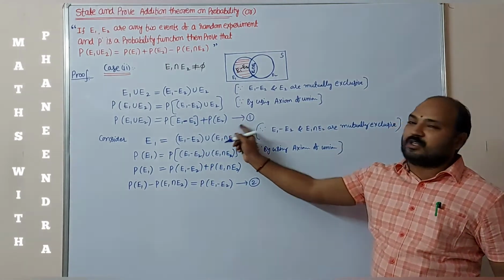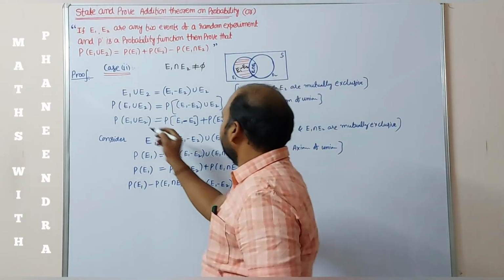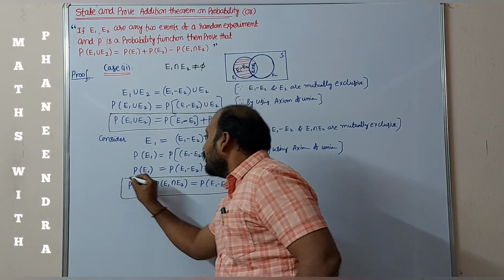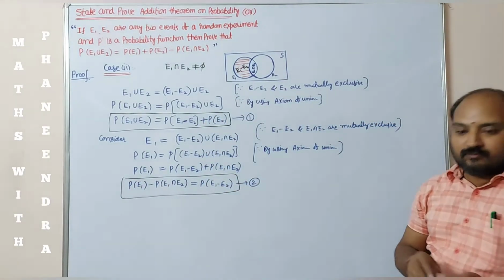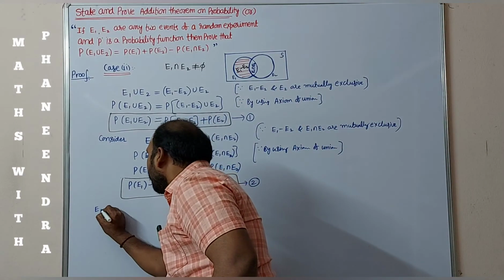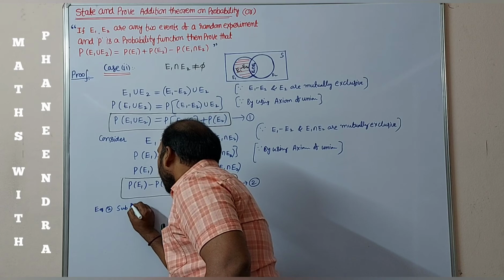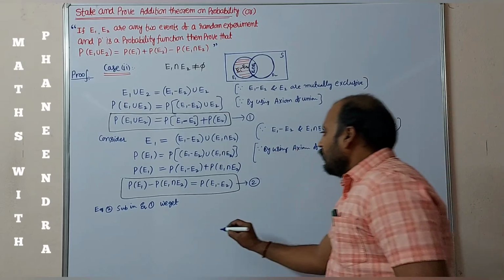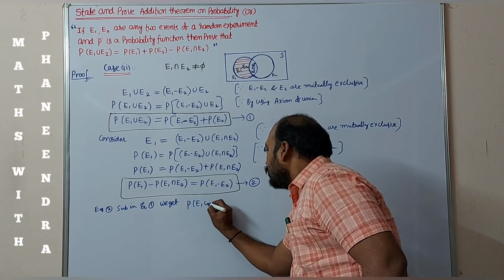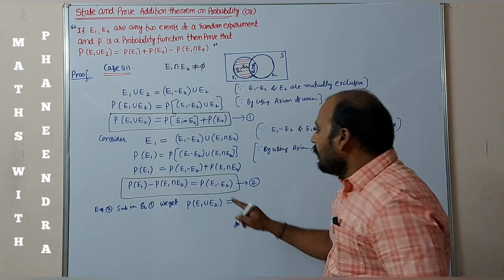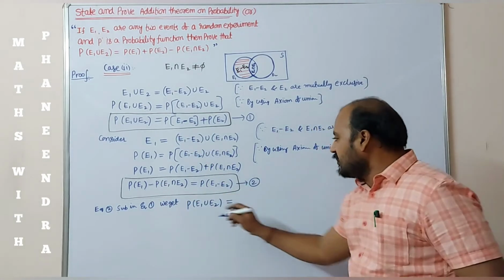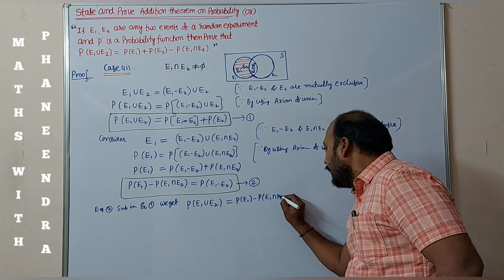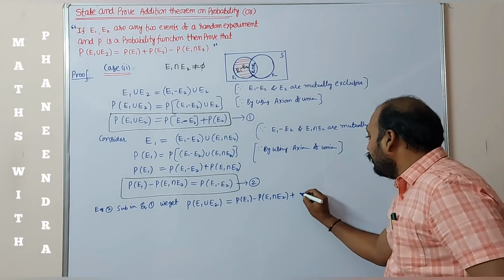Equation 2 substituted in equation 1, we get P of E1 union E2 is equal to, in place of P of E1 minus E2, you have to replace with P of E1 minus P of E1 intersection E2, plus P of E2.